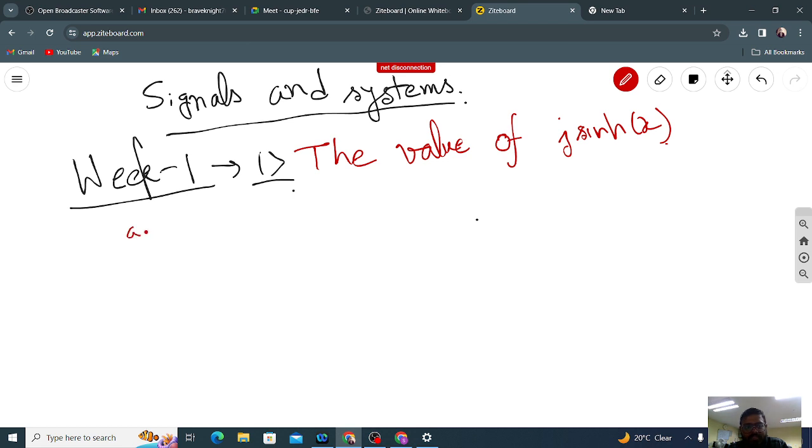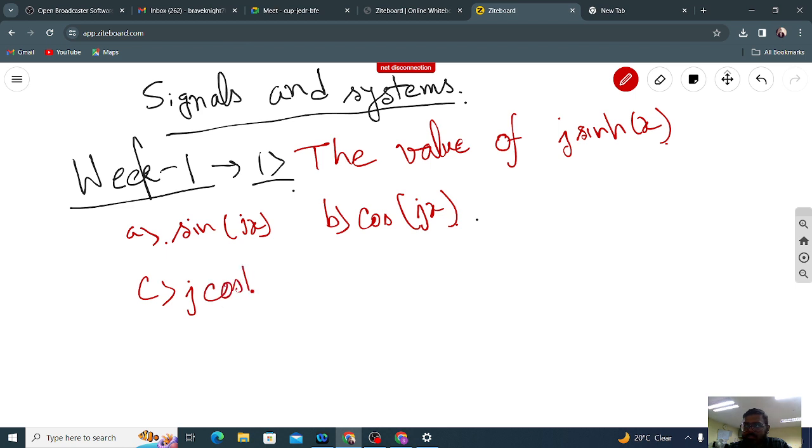And there are 4 options given: sin of jx, cos of jx, j cosh of x, and j sin of x.